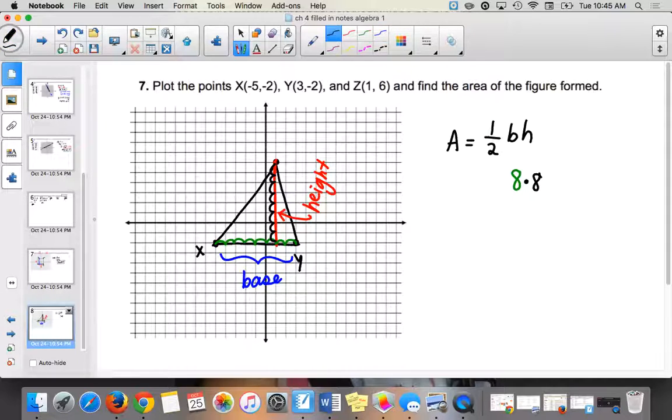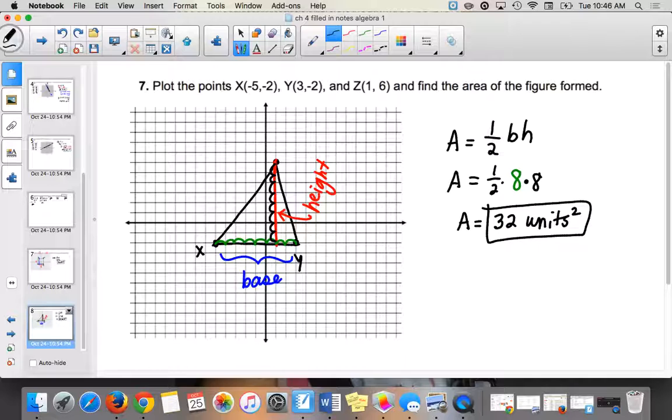And we still have that 1/2 from before. So what is my area? What do you think, Will? 32. Yep, 32. So half of 8 is 4, and 4 times 8 is 32. So it's 32 units squared. Exactly. Okay, think you can handle those as well? All right. So let me stop here.